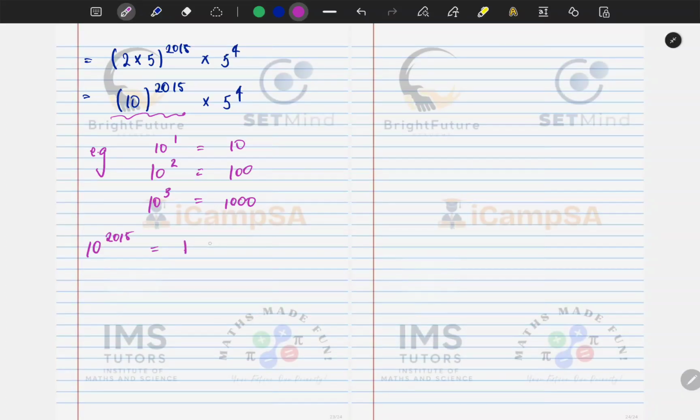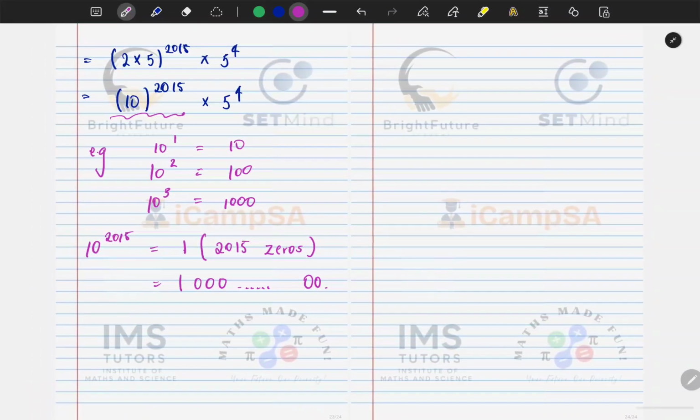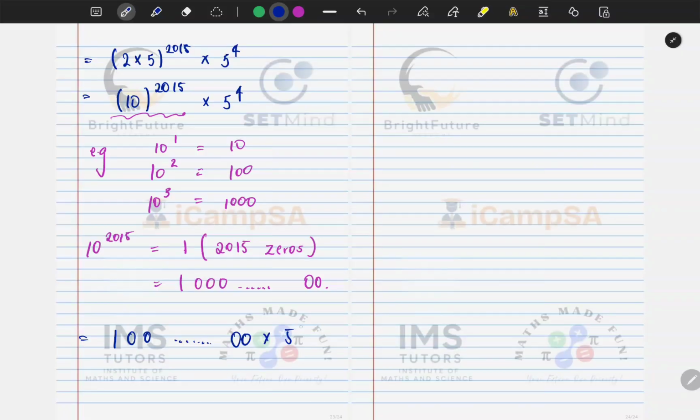So ideally, this means that 10 to the power of 2015 is going to equal 1 followed by 2015 zeros, so 1 0 0 0 0 and so on, until the 2015 zeros. So when we continue with this, it means we are going to have 1 followed by 2015 zeros, times 5 to the power of 4, which is 625.